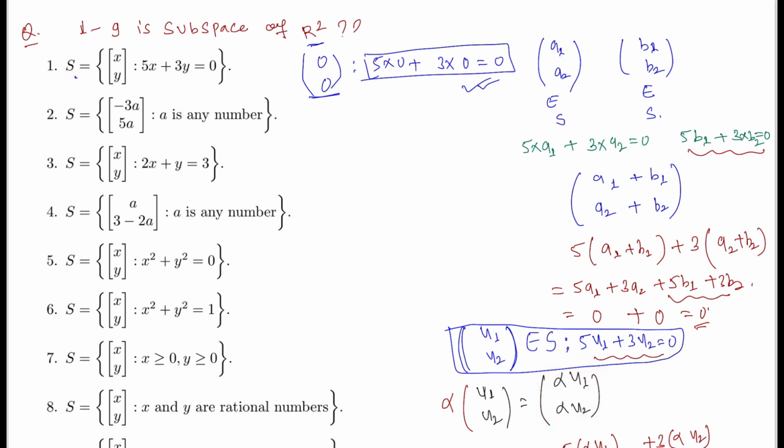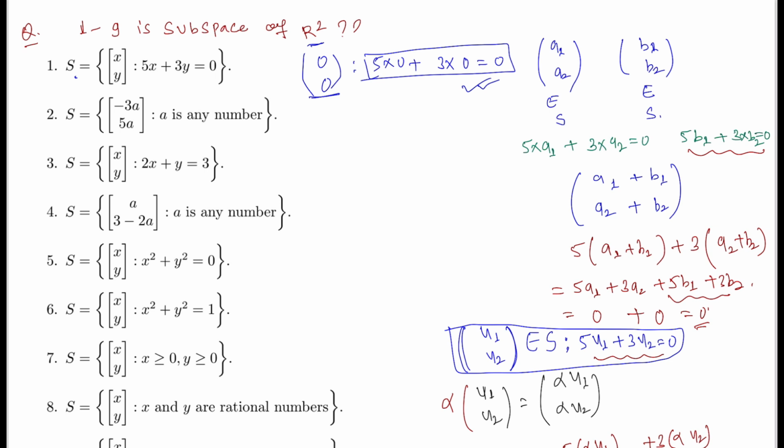What we have done is simply pick a vector that belongs to this set S, and we checked that under scalar multiplication it satisfies the condition that after doing the multiplication, the vector we get again belongs to this particular set S. So this is closed under scalar multiplication.